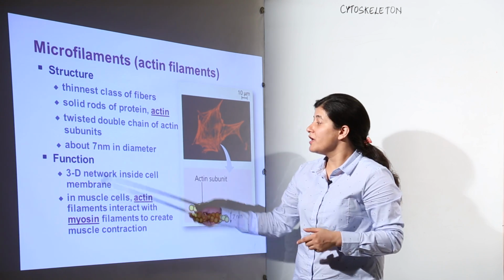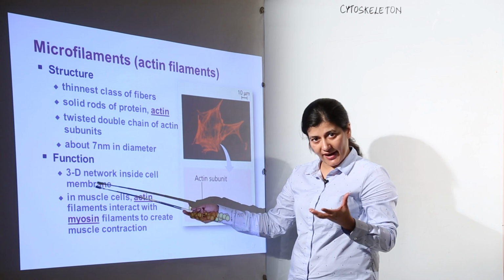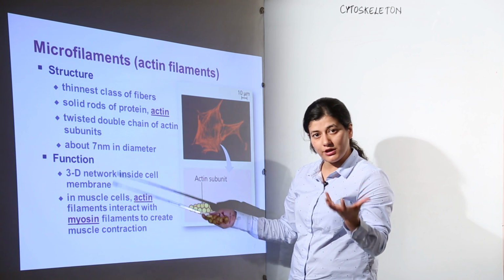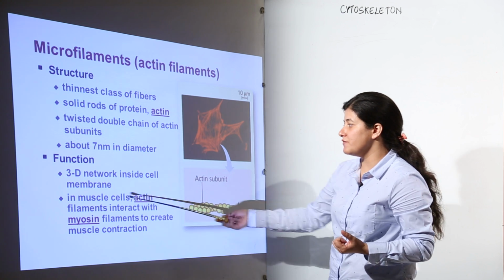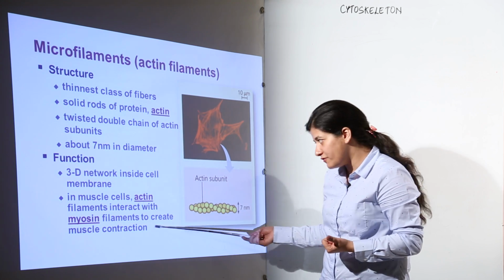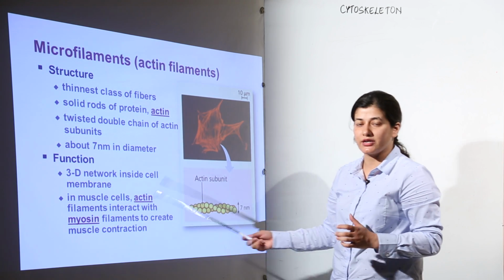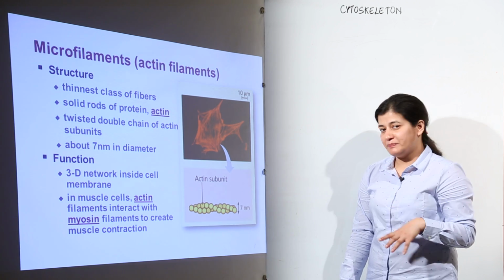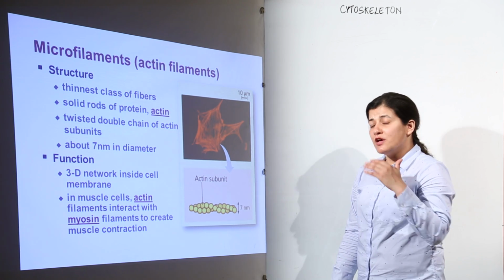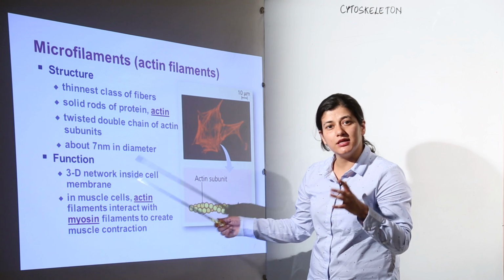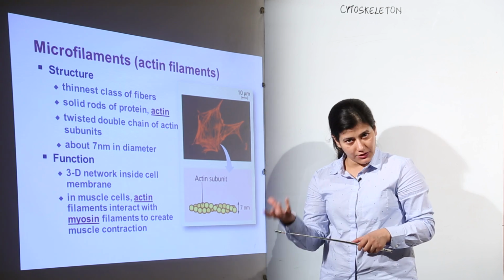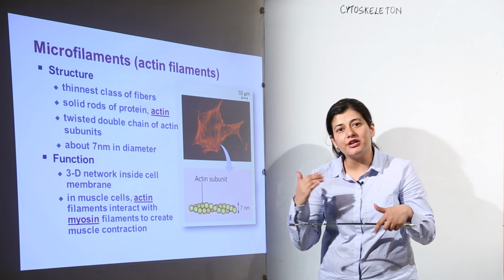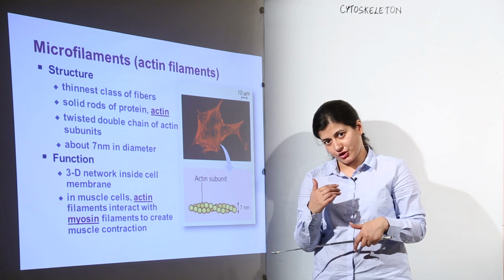What is the function? They provide the framework, the 3-dimensional framework of the cell. In muscle cells, actin filaments interact with myosin filaments to create muscle contraction. When we study human physiology, we have actin myosin interaction, and as a result of this interaction, there is the sliding filament theory which brings about contraction.